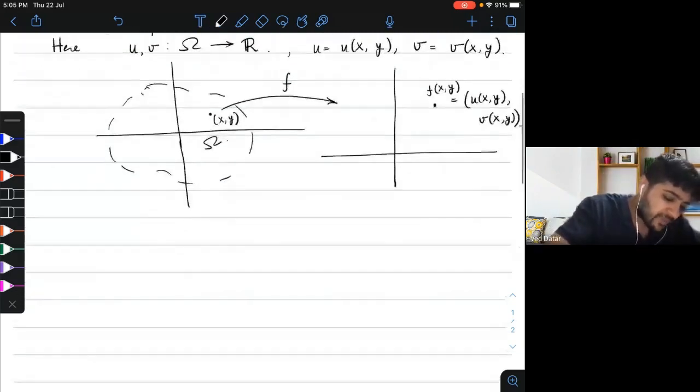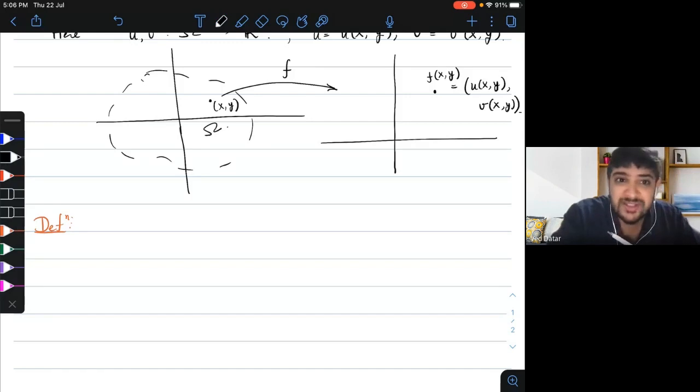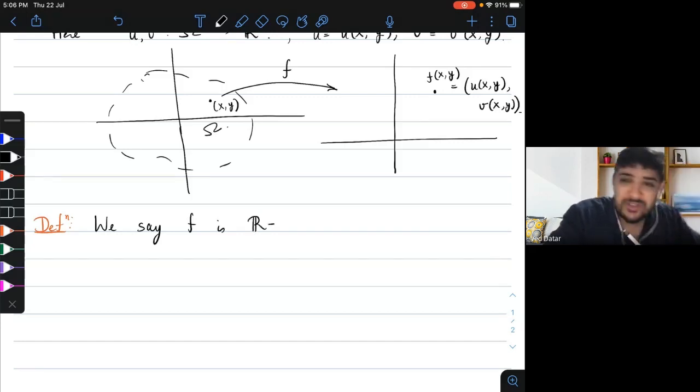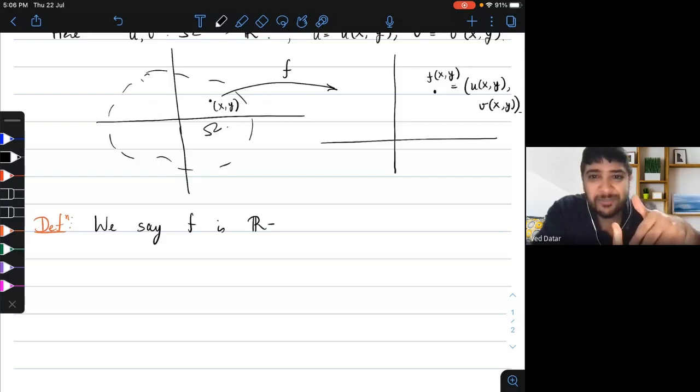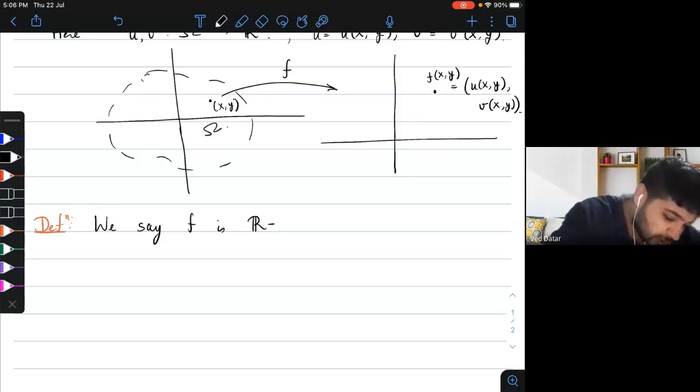Then here's a definition that we learn about in a multivariable course. Because I want to differentiate between complex differentiability and real differentiability, I'm going to call this real differentiable.